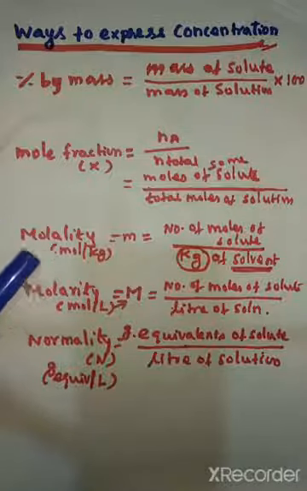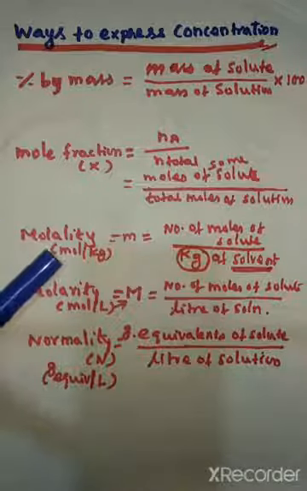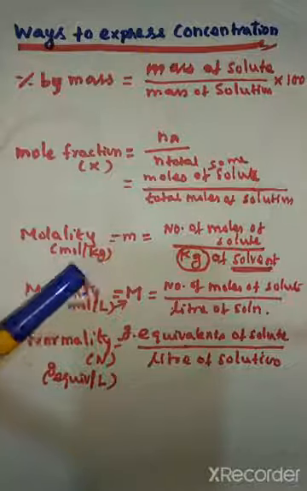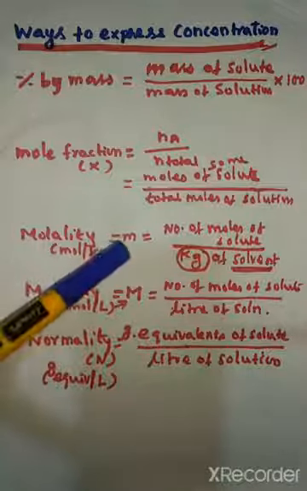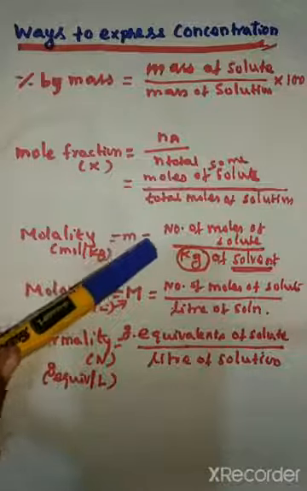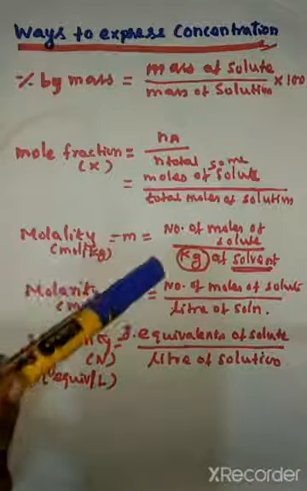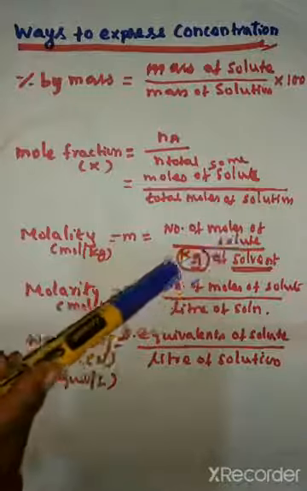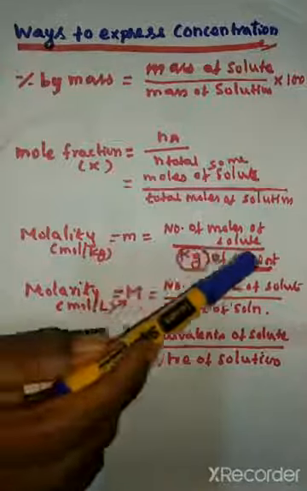And then we have defined the molality. The molality is expressed in the small m, and it is defined as the number of moles of solute present in kilogram of solvent.